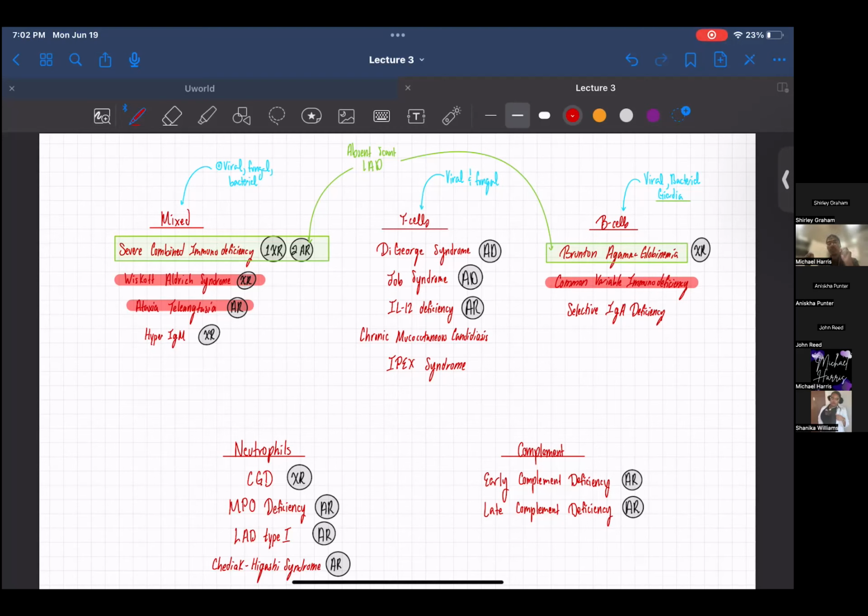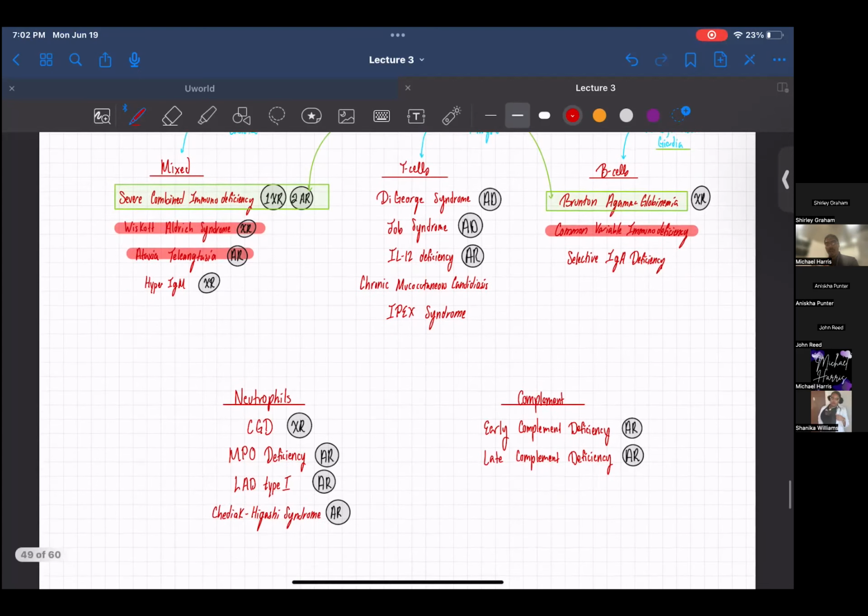Okay. That's the food for thought I'm going to give to you now. You can take that and run a little bit more with it by looking over these conditions. The last thing I'll throw out there too is complement, right? We harped on it really big. Complement deals with two things.